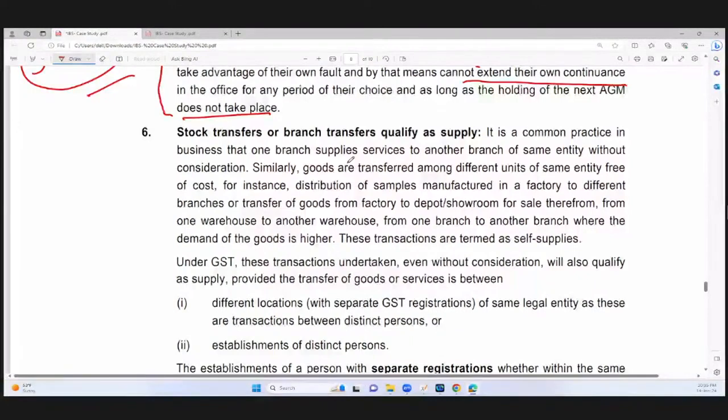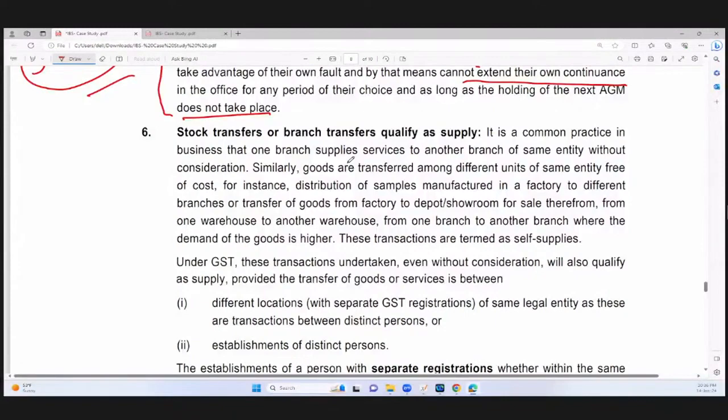It is a common practice in business that one branch supplies services to another branch of the same entity without consideration. Similarly, goods are transferred among different units of same entity free of cost. For instance, distribution of samples manufactured in a factory to different branches or transfer of goods from factory to depot, showroom for sale therefrom. So ये common practice होती है students company में. These transactions are termed as self supplies.